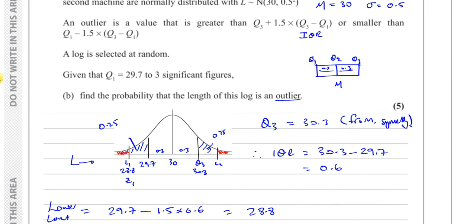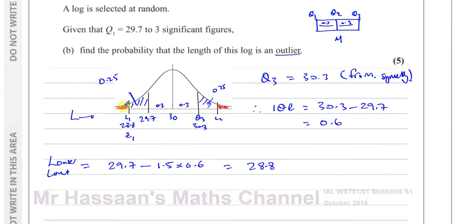So I need to find what Z1 is. So I need to standardize this score of 28.8. The standardized score Z is equal to the score X minus the mean over the standard deviation. That's our standard formula. So we can say Z1 is equal to X, which we worked out is 28.8, minus the mean, which is 30, over the standard deviation, which is 0.5.